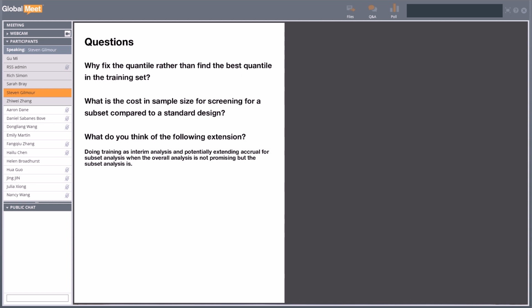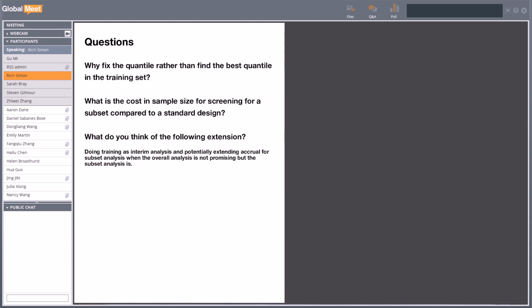I think even with a single biomarker, one can look in a training set at what's the optimal cutoff for that biomarker, and then test that in the testing set, or embed the whole thing into cross-validation.